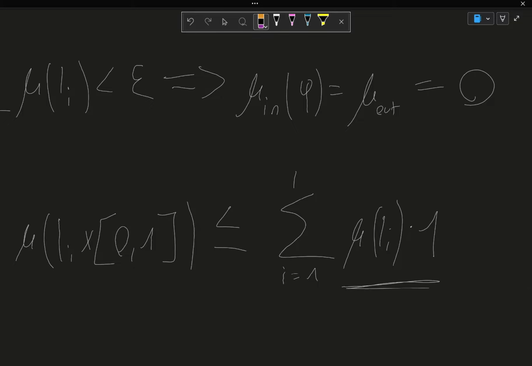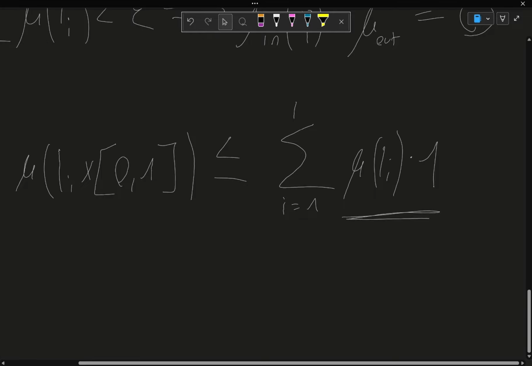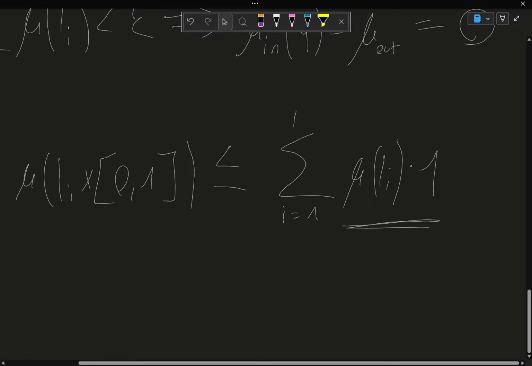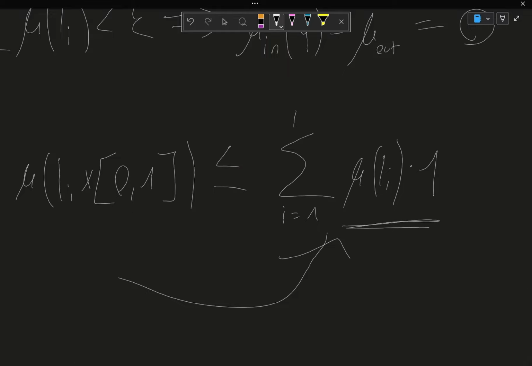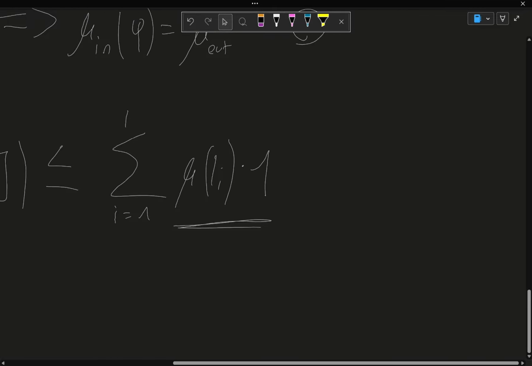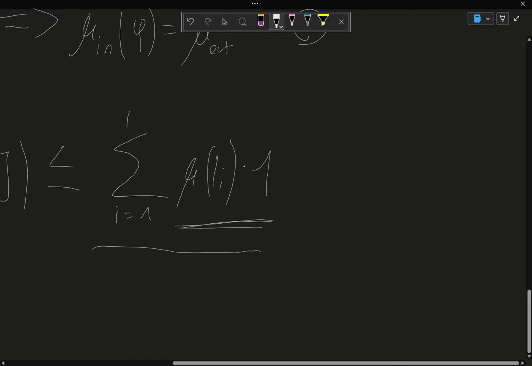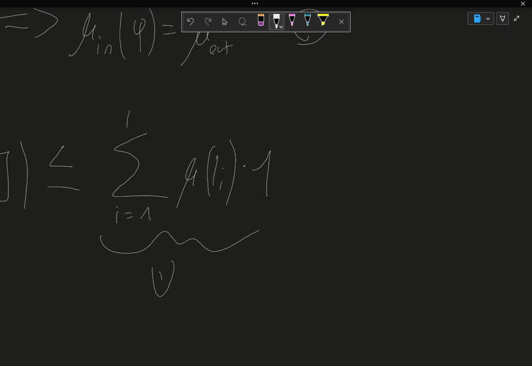But if we just take the maximum or the supremum of the interval and we plug it in our formula right here, we know this part right here will always be smaller, because if we take something like 0.2, everything would be scaled down by 0.2. And this is by definition, because this part right here is just like the psi. And this is the interval right here, the 0, 1.